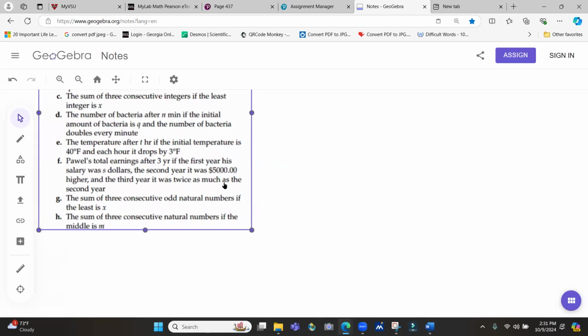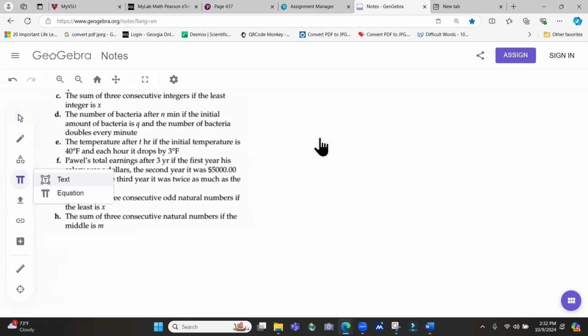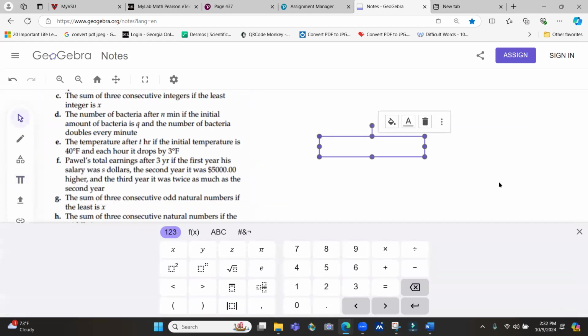All right. F says Havel's total earnings in 3 years. If the first year his salary was S dollars, the second year it was 5,000 higher. Okay. Let's write down the three salaries in parentheses. The first one is S. S could be anything, 200,000, 150,000.